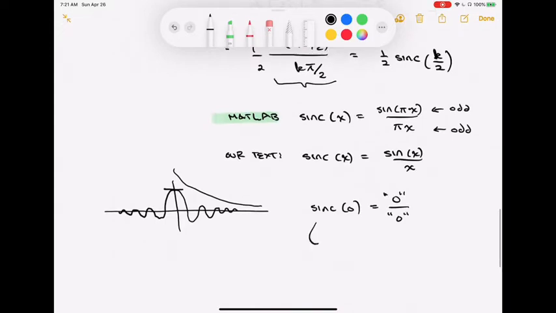But if you apply L'Hopital's rule to that, you can see that it does go to a value of 1. So at that origin, which seems like a problem point, it does converge to 1, and you can prove that through your calculus methods of using L'Hopital's rule.